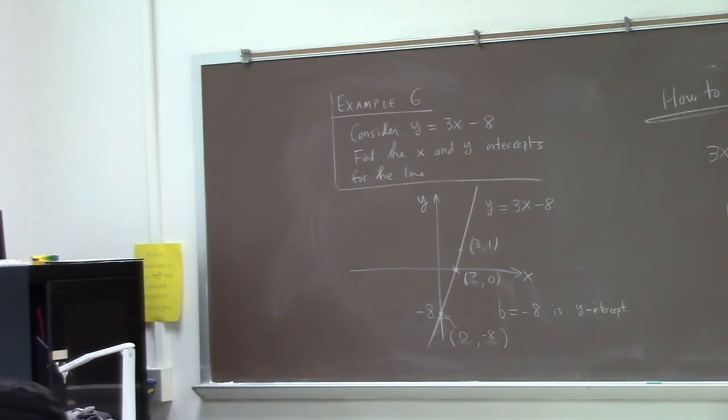So in short, y is equal to minus y naught over x naught times x plus y naught.